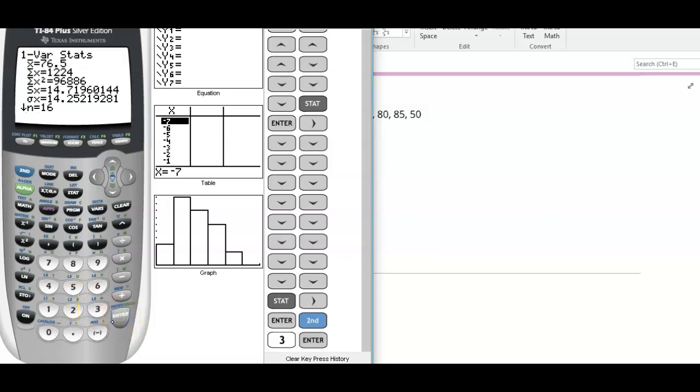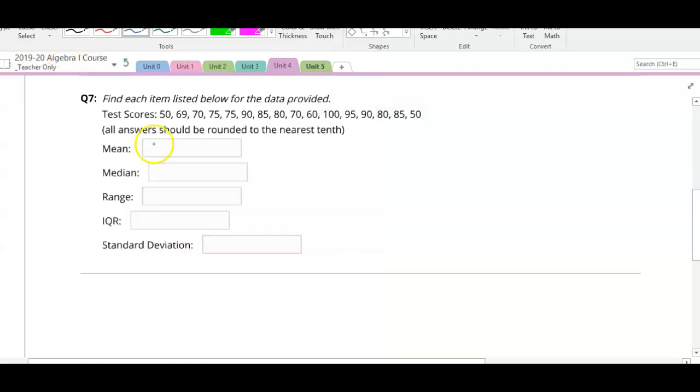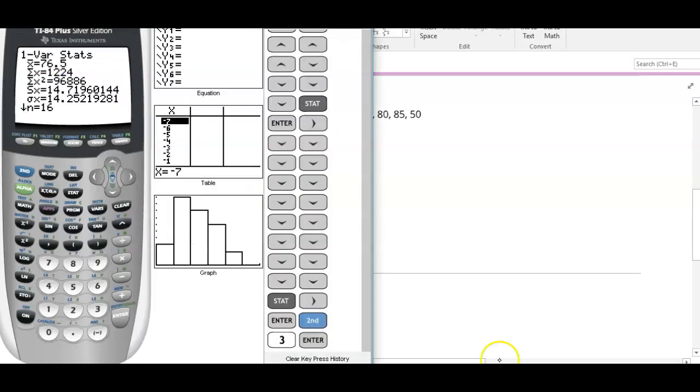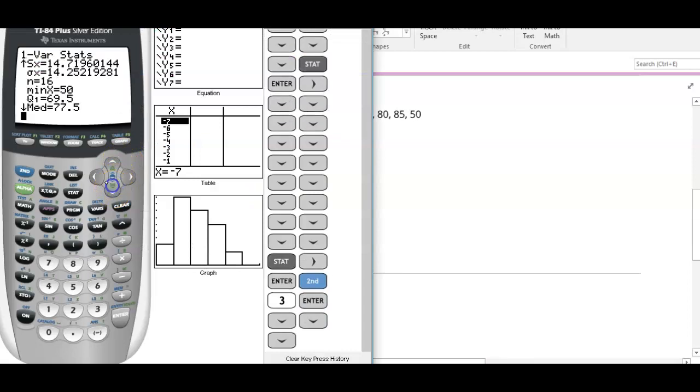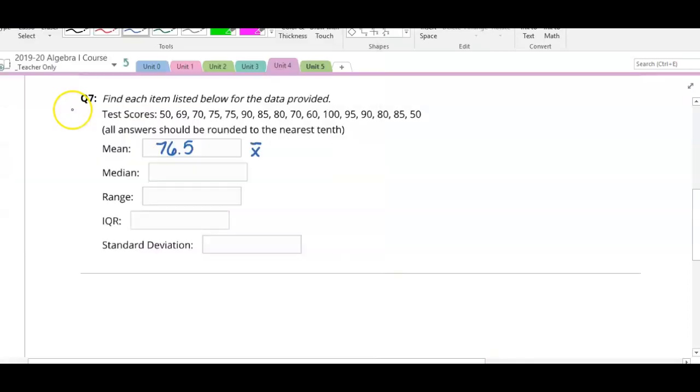So I hit enter. You can see the mean is 76.5. On the calculator, it's listed as x with a line over it. The median, I need to scroll down to find the median. It's 77.5.